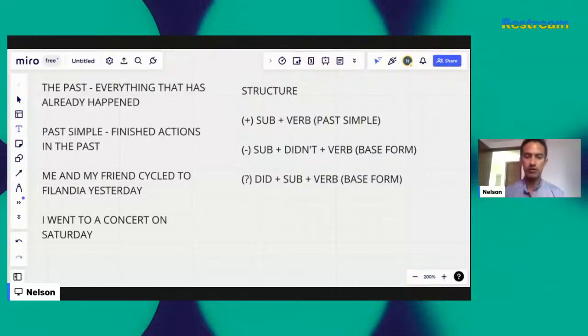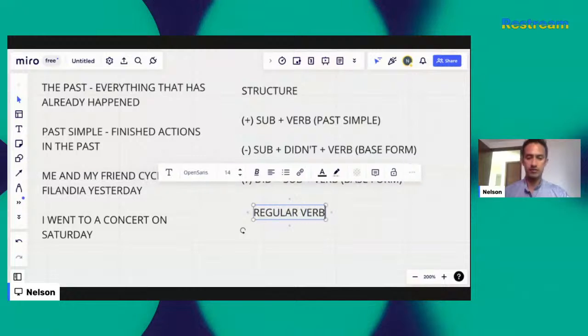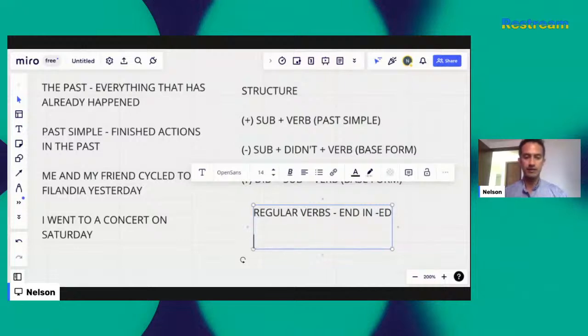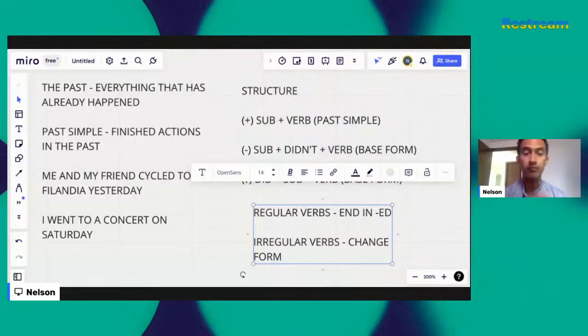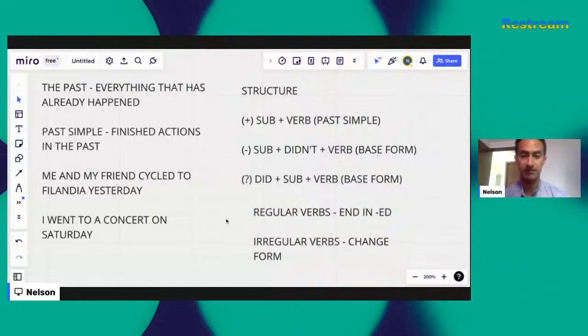Now, of course, you will remember that in English, we have two types of verbs. We have regular verbs and irregular verbs. Regular verbs end in ed, and irregular verbs change form. We practiced this, we learned this, we are not going to repeat this.